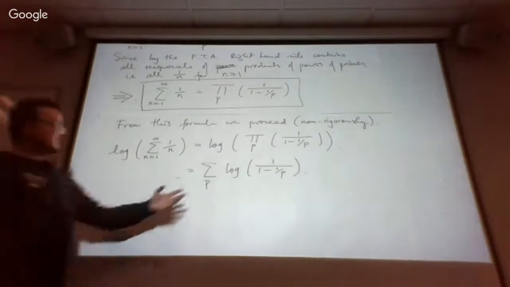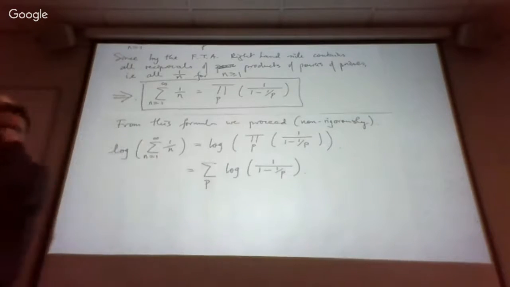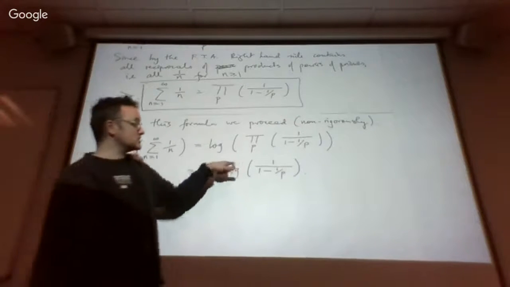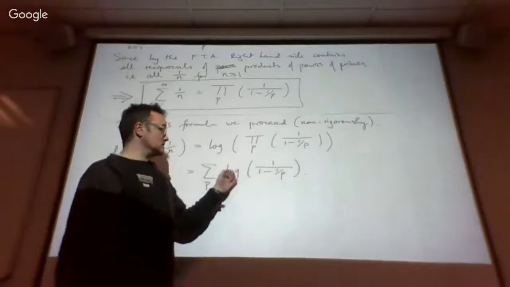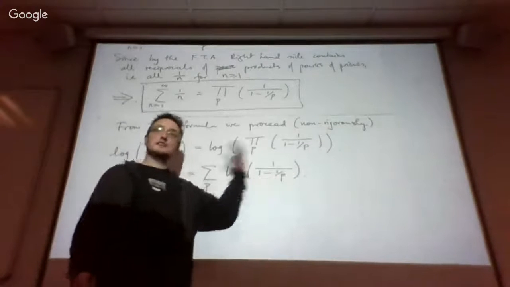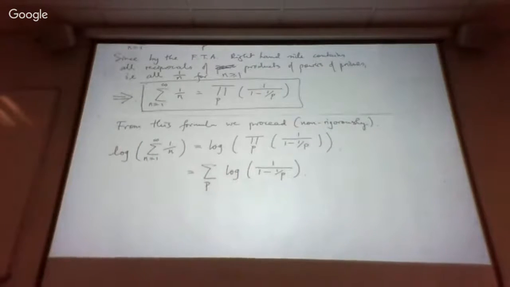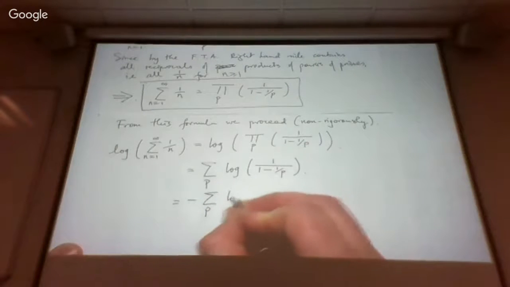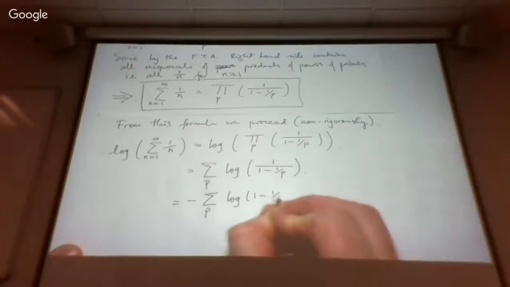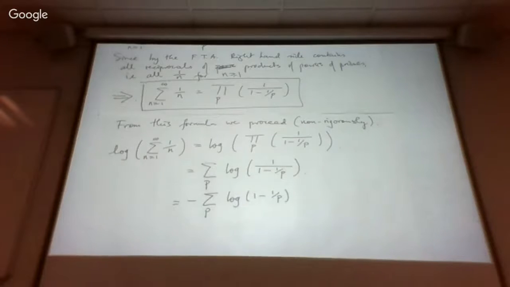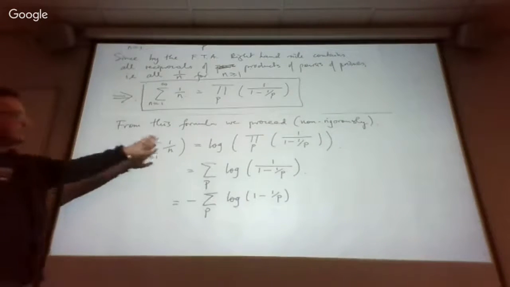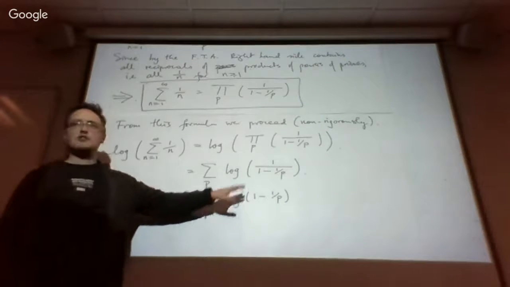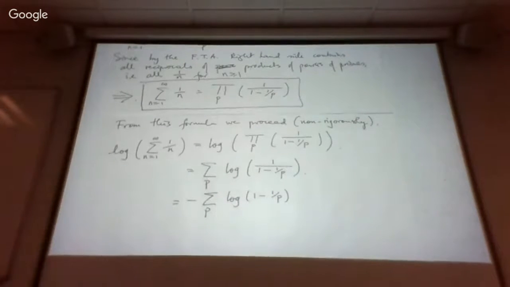The logarithm of 1 over this is equal to minus the logarithm of the denominator. So our logarithm of the harmonic series is equal to minus the sum over all primes of the logarithm of 1 minus 1 over p.